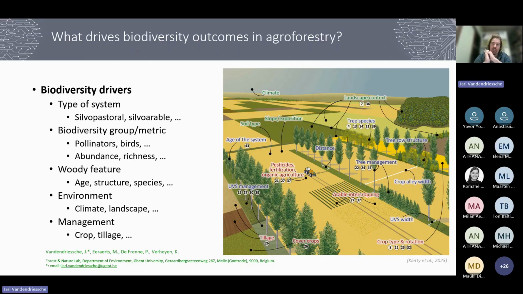And for the rest, I can relate to the figure to the right. That's a figure that was published by Florian Cléty in 2023. And it is very clear on what design aspects and what environment aspects are important to agroforestry systems. So for example, the implementation of a woody feature and how you're managing it gives quite some results.